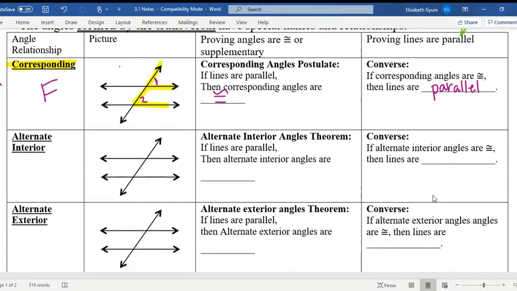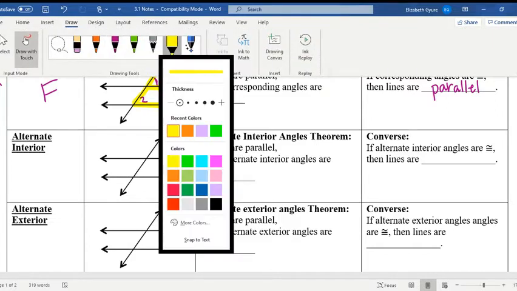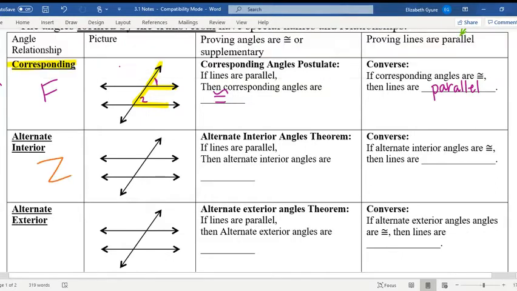Now we have alternate interior angles. These ones kind of make a Z shape or a little zigzag or a lightning bolt depending on the picture. Also look at the words. Alternate, like opposite, right? And then interior. Interior means it's going to be between the two lines. Exterior would mean it was literally on the outsides of them.